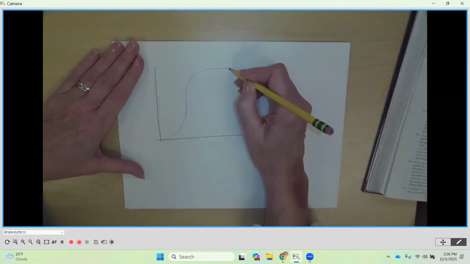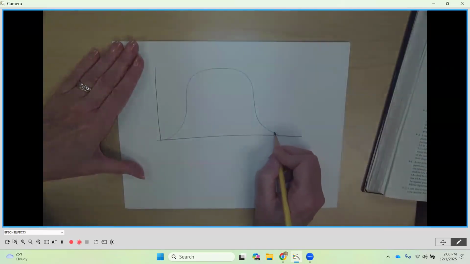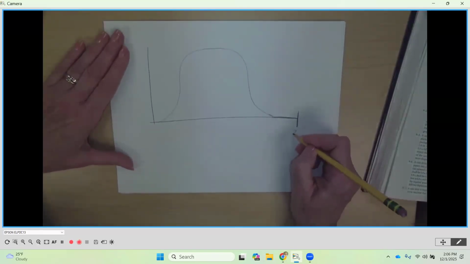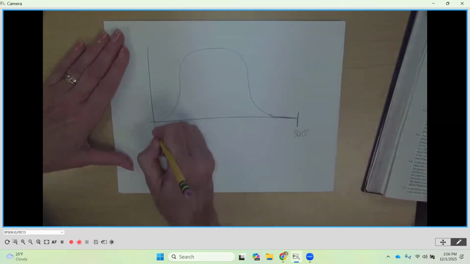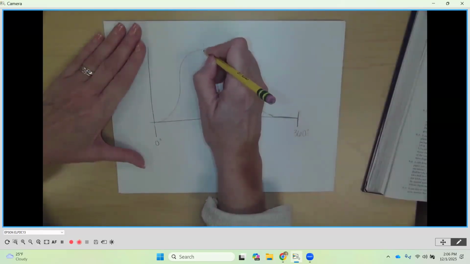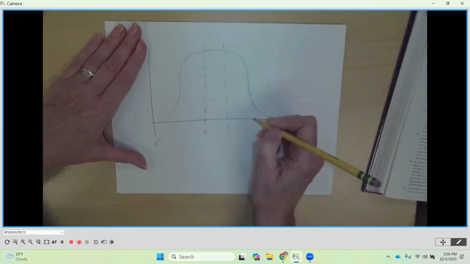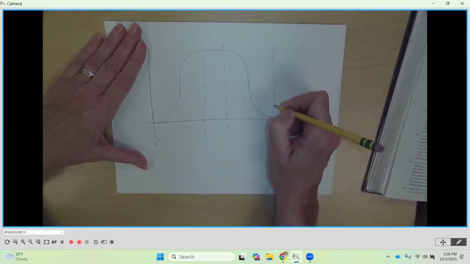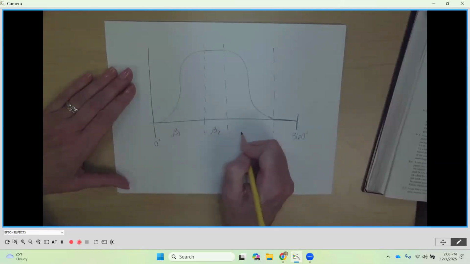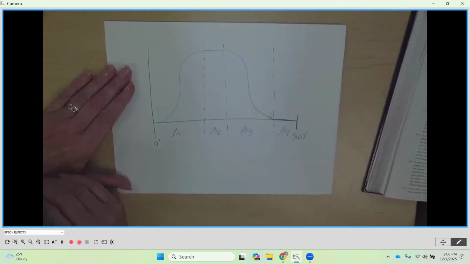You're going to dwell and you're going to go down and you're going to dwell. So your 360 ends here and your 0 degrees starts here. You have your first chunk, second chunk, and then third chunk, okay? So this is going to be a beta 1, beta 2, beta 3, and beta 4, okay?